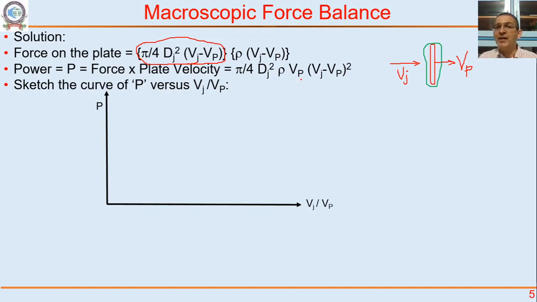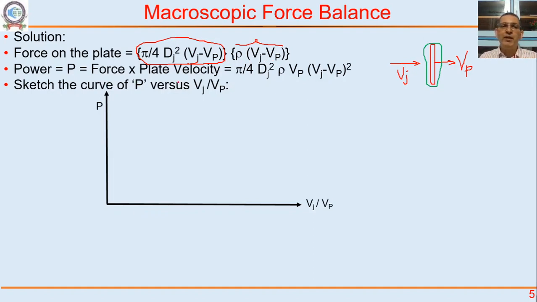Momentum it is carrying is density multiplied by the relative velocity. And that's only the extra momentum that it is carrying. That extra momentum it is carrying is what is helping you to generate the power. So force would be pi by 4 dj squared multiplied by velocity of the jet minus velocity of the plate, and momentum per unit volume rho multiplied by Vj minus Vp.